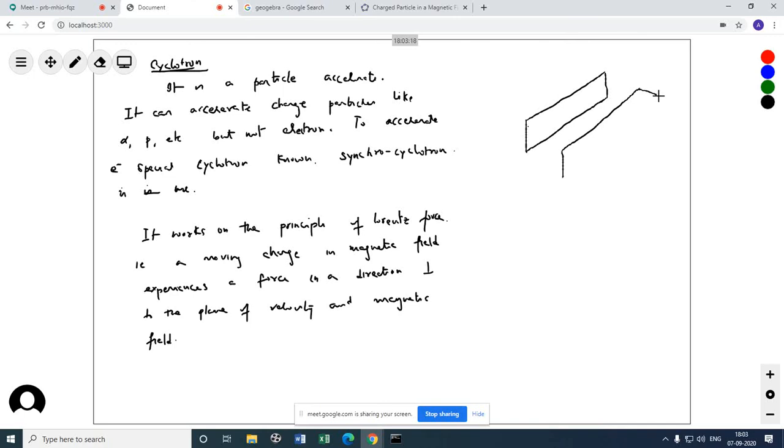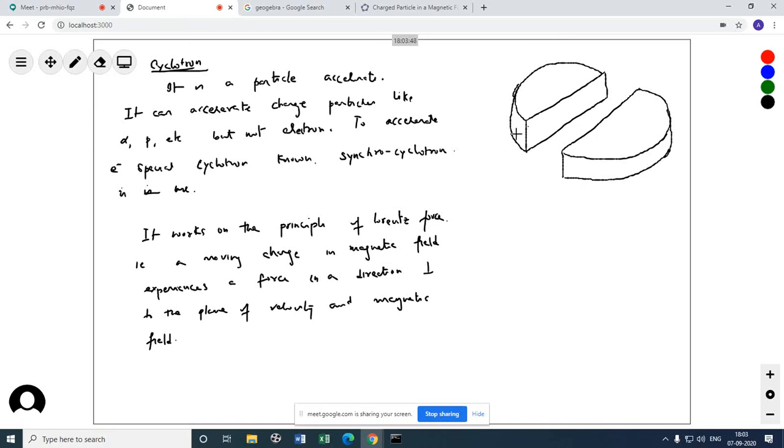So a cyclotron consists of two D-shaped containers.